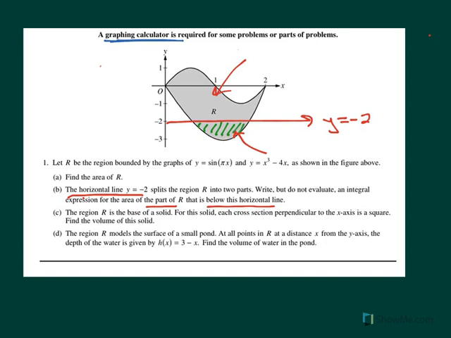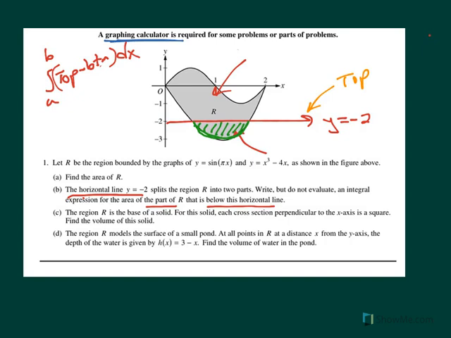Which one's going to be the top curve? The y equals -2 is going to be the top function. And the bottom function is going to be the portion of the cubic from here to here. So again, you're going to integrate top curve minus bottom curve from A to B. You're going to need to use your calculator and find those intersection points.